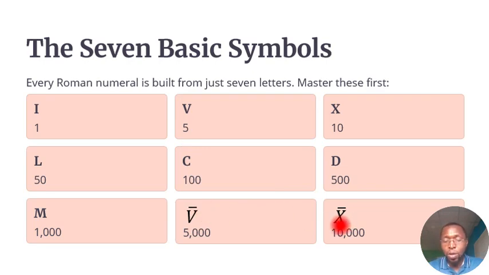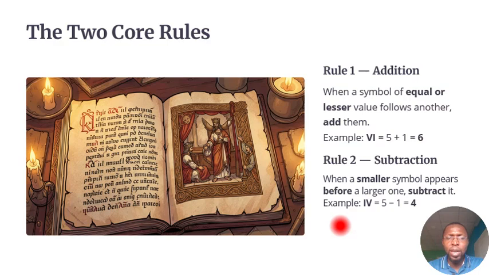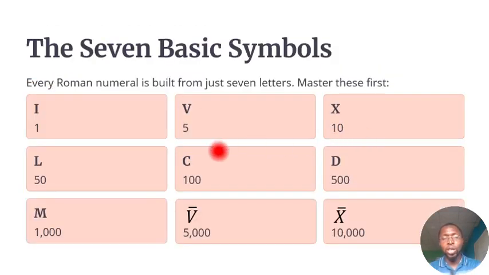All right? And then there are two major rules that you must know when you are dealing with Roman numerals. The first rule says that when a symbol of equal or lesser value follows another, then you add them. That's the addition rule. So in the previous slide, I is lesser than V, right?